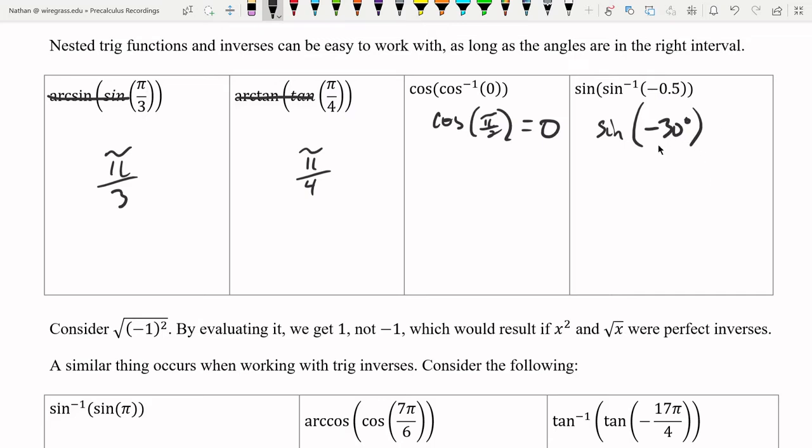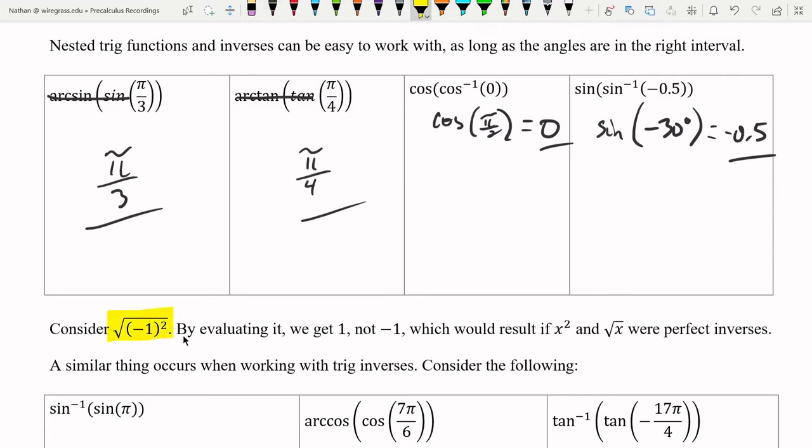And then sine of that will give you negative 0.5 back. So you can see we always get back what we started with because these angles were in the correct interval.